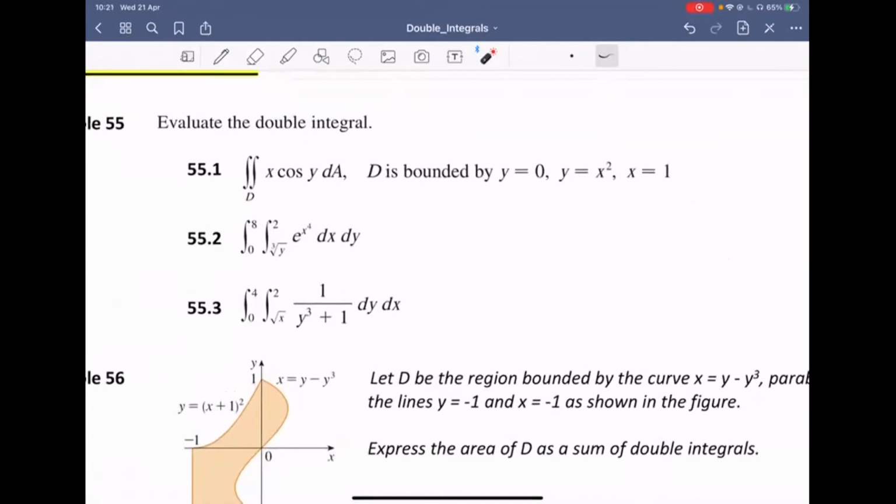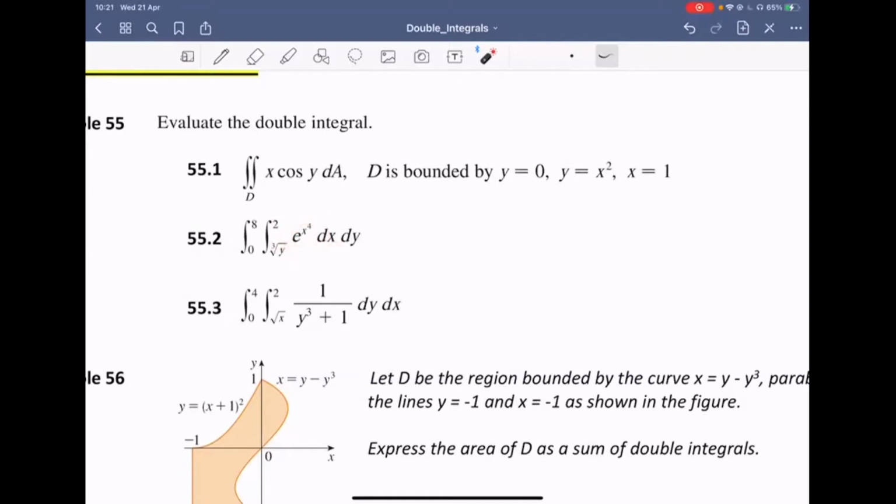Sometimes, like question 55.2, 55.3, you need to switch the order of integration, because here you can see that there's no way you can integrate e to the x to the fourth power with respect to x, right?